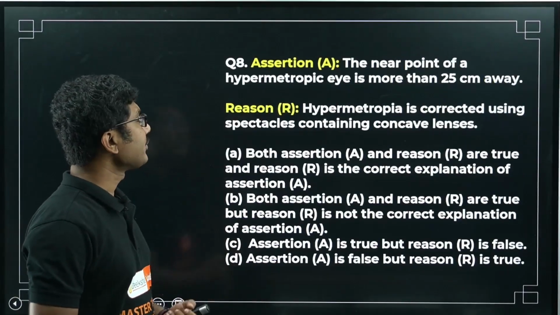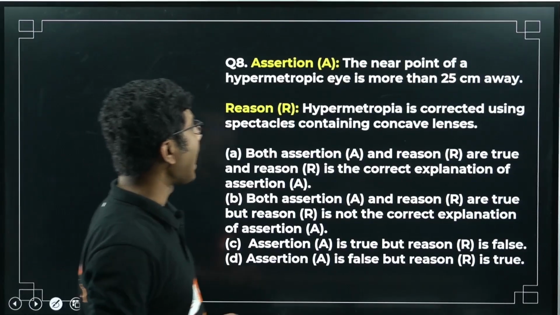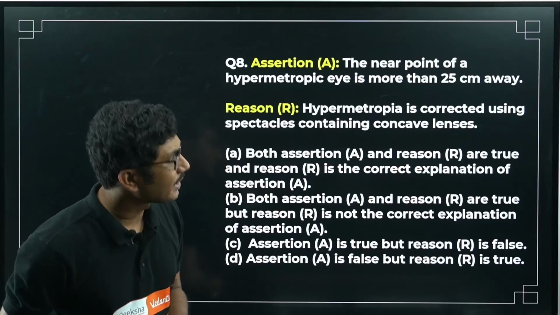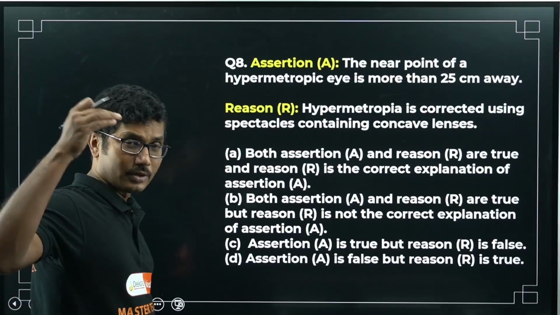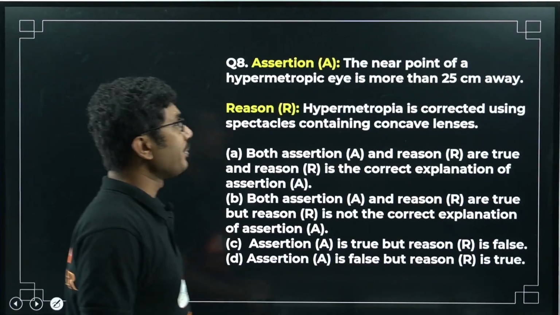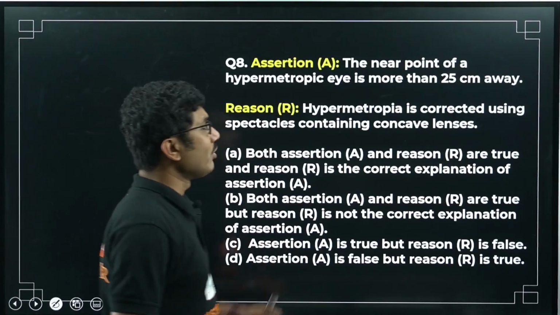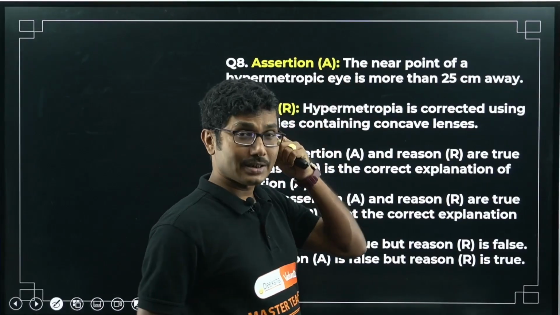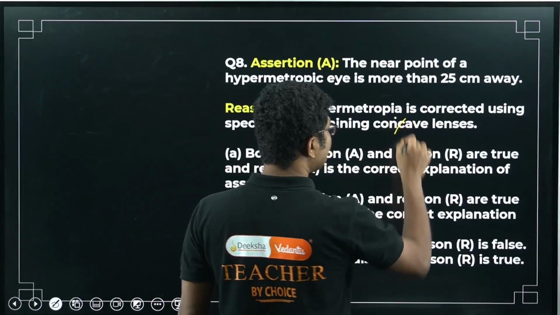Okay, next question. The near point of a hypermetropic eye is more than 25 centimeter away. Yes, for a hypermetropic eye the near point recedes further, so it is more than 25 centimeter. Hypermetropia is corrected using spectacles containing a concave lens. So there is no direct relation, first of all. Secondly, obviously it is not a concave lens, it's a convex lens.